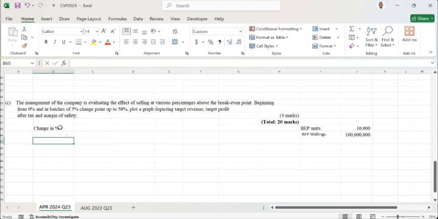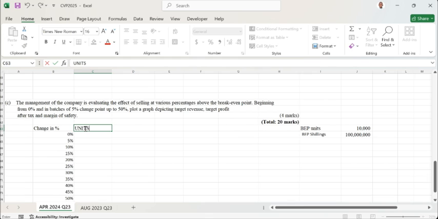Mtu akisoma hiyo kitu anakwama. Up to what percentage? 5% from zero. Yani what they're saying is they're giving a difference of 5% up to 50%. Let me say inaitwa change in percentage.